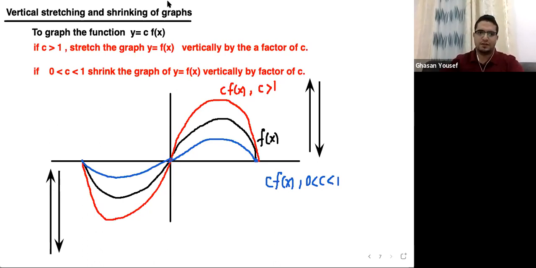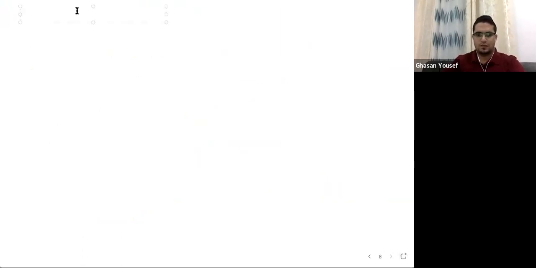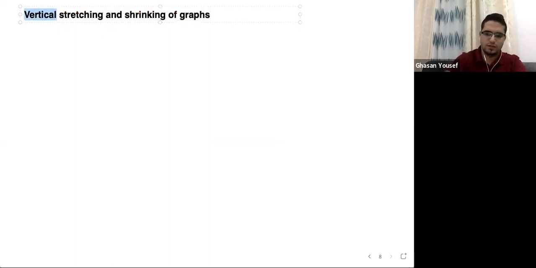The same idea applies for the horizontal. Let me explain the horizontal, then I'm going to give you an example. Horizontal stretching and shrinking.